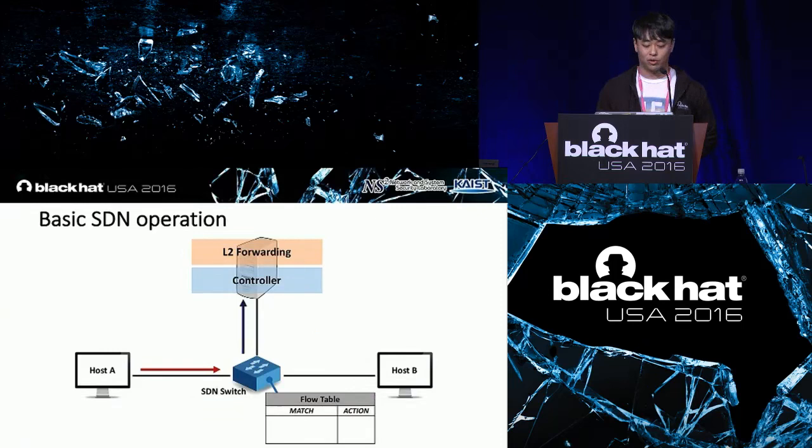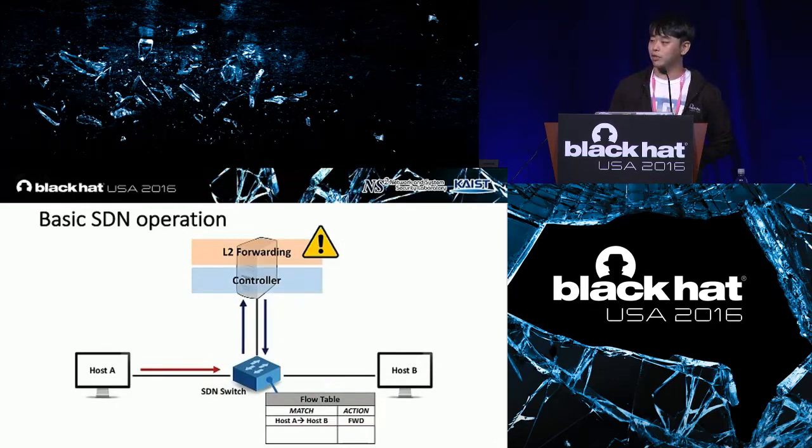So it queries the controller, and the L2 forwarding application running on top of the controller instructs the switch to forward all the packets from host A to host B by installing this flow rule. So once this flow rule is installed, host A can talk to host B. So that was a quick introduction on SDN.